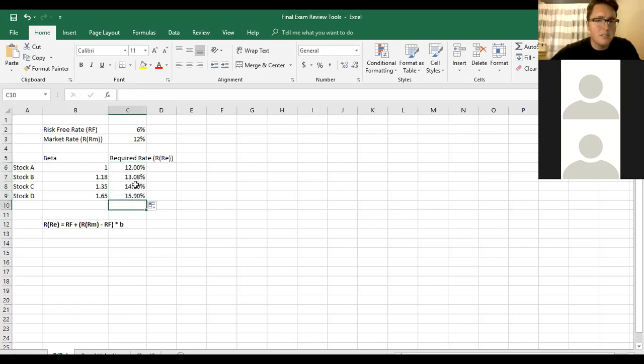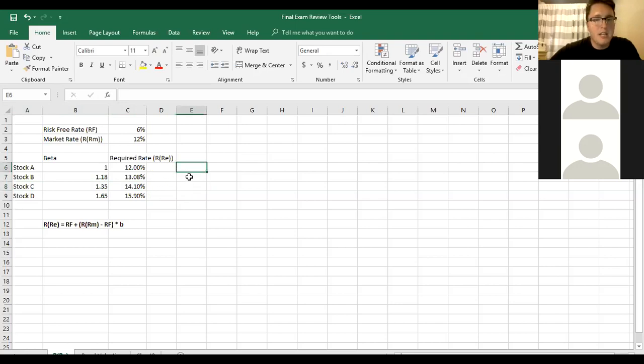On a Mac, I think it's Control-T, but I'm not sure. Or you can just input them manually. But that then tells me this is my required rate of return based on this beta or risk measurement and these parameters for the market, the risk-free rate, the market rate. This is the percentage that I want to make in order for me to want to invest in that stock.